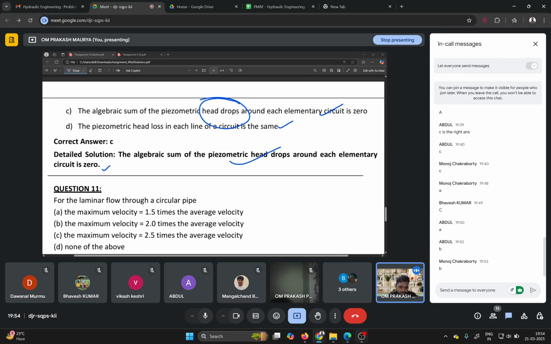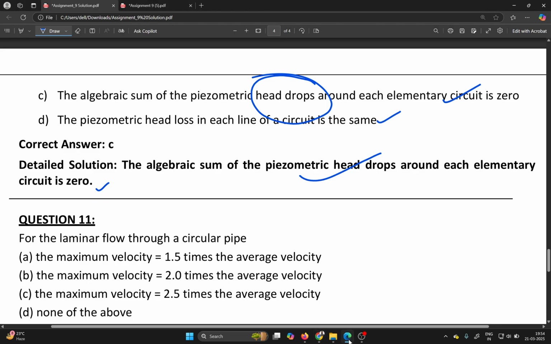Okay, let me just discuss. So in a circular pipe, you know already, the velocity profile is parabolic for laminar flow. So here is talking about the laminar flow, circular pipe.